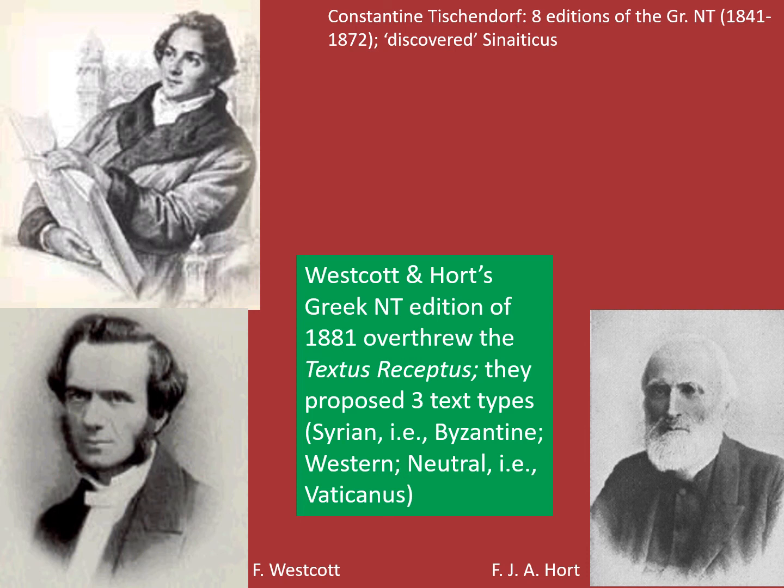Westcott and Hort proposed that there were actually 3 different textual traditions that could be identified, what are called text types. A Syrian or Byzantine text type that would be for the eastern part of the Roman Empire. Then there's a Western text type, and then what they called a neutral text type, and they meant by that what is likely the text type that represents most accurately the original writings of our New Testament, the original manuscripts.